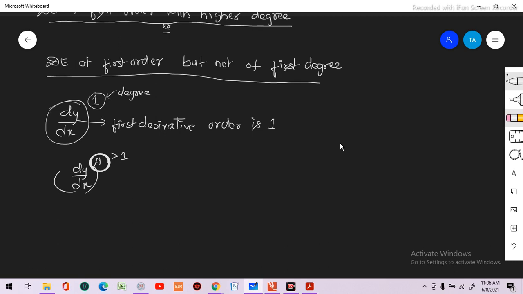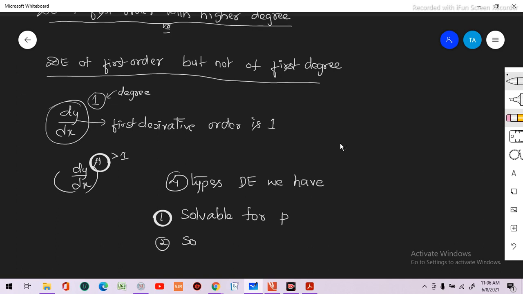So when we come to the differential equation of first order but not the first degree, there are four types of equations we get. First type is solvable for p.